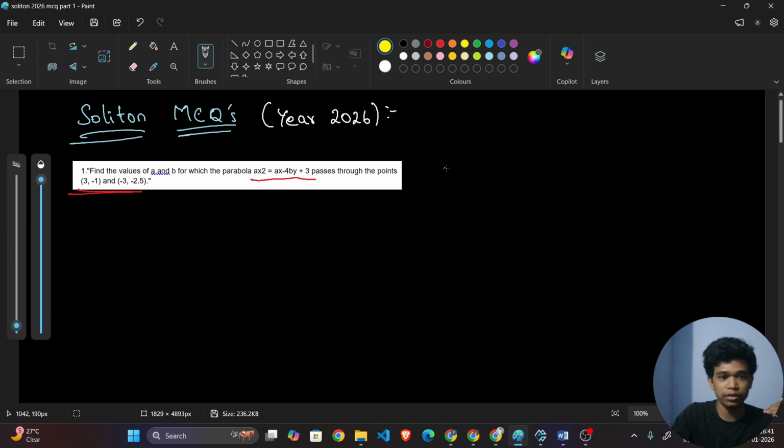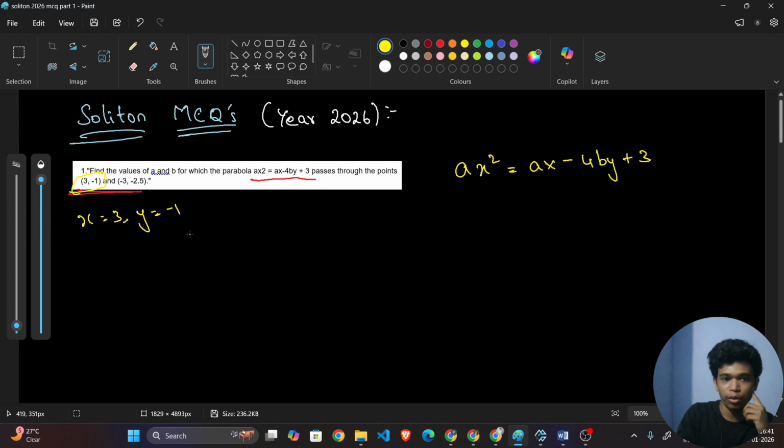So let me do this. First of all, what is the equation? It is ax² = ax − 4by + 3. Okay, now substitute x = 3 and y = −1, this first point. If I substitute that, then it will be 9a = 3a − 4b into what is the y value?